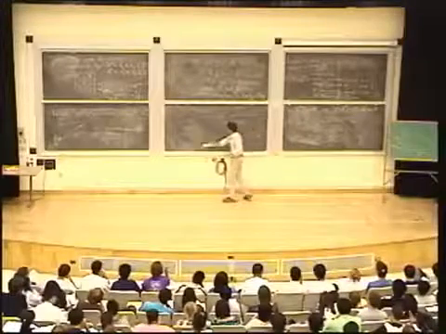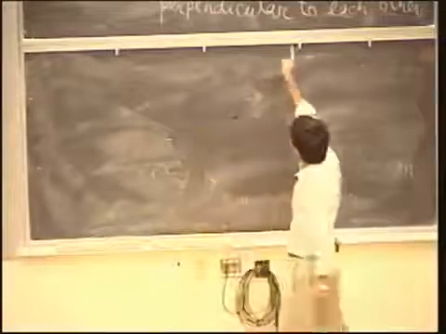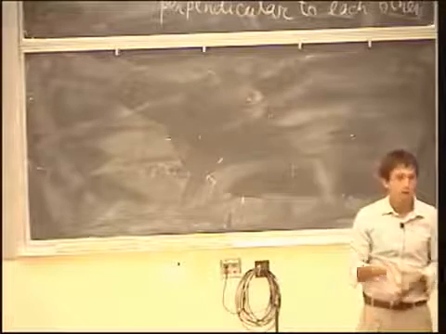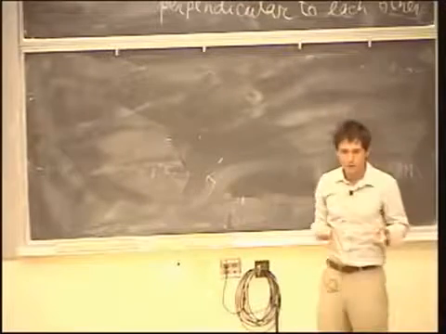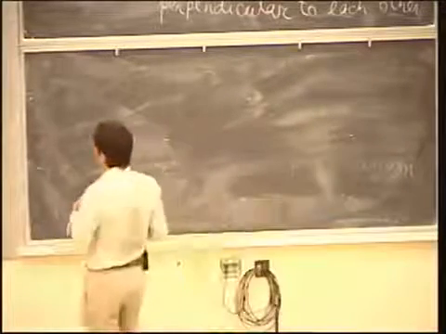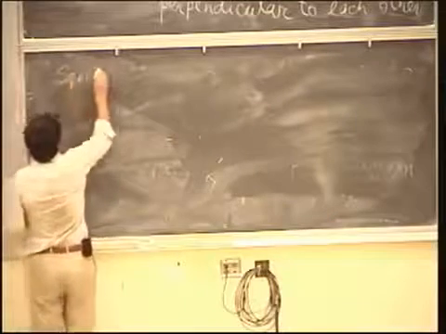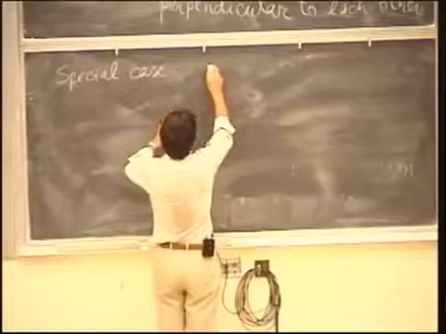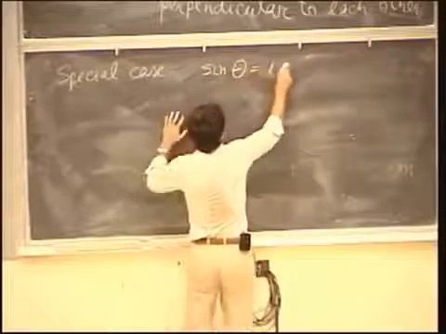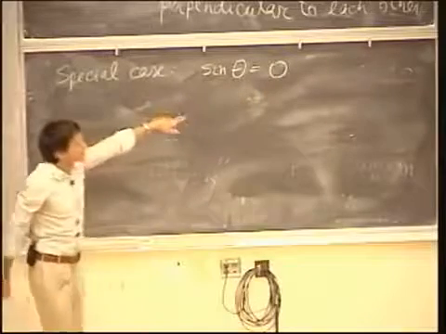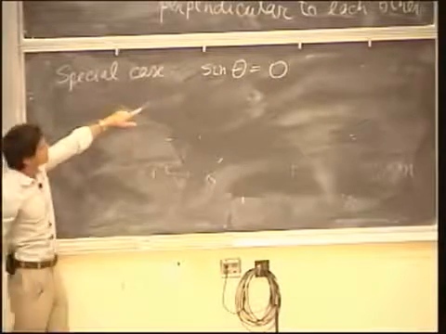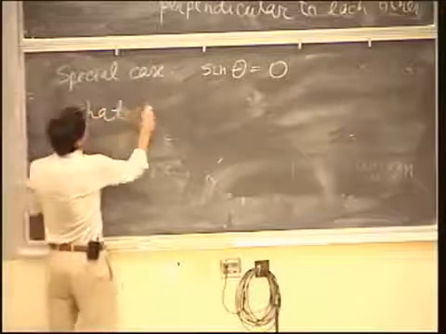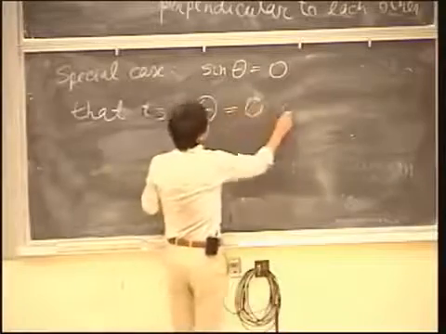In the case of a dot product, there was a special case when the cosine was 0. And cosine is 0 when two vectors are perpendicular. In the case of cross product, there is also a special case when sine is 0. But unlike the cosine, sine is equal to 0 if theta is equal to 0 or pi.